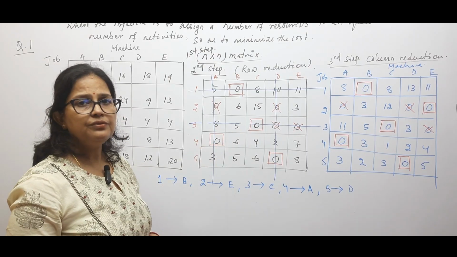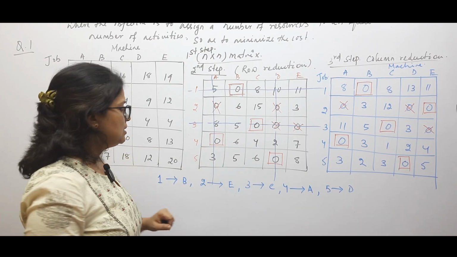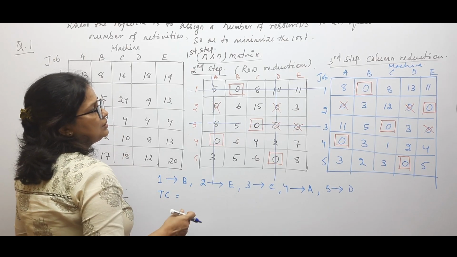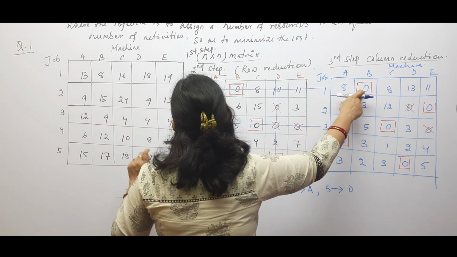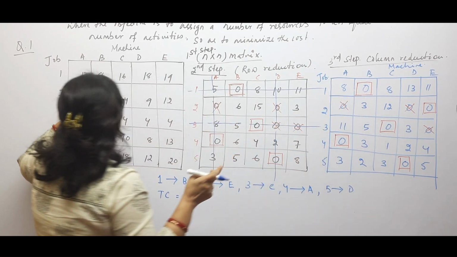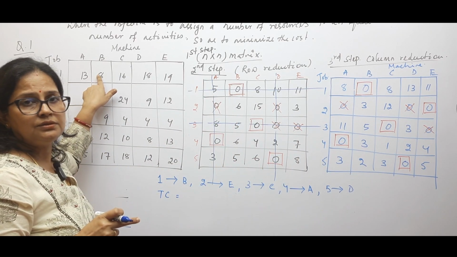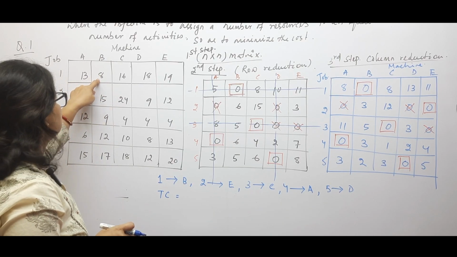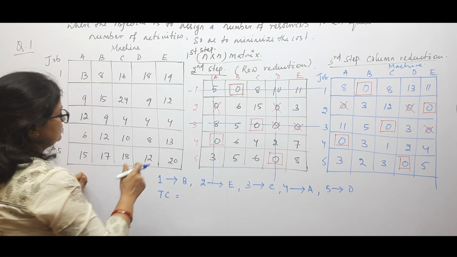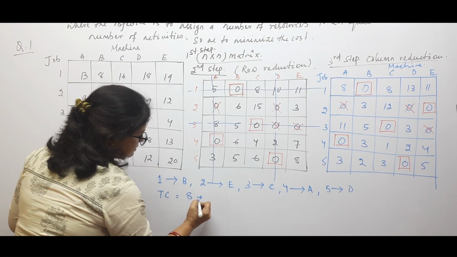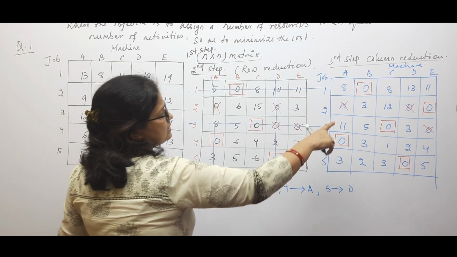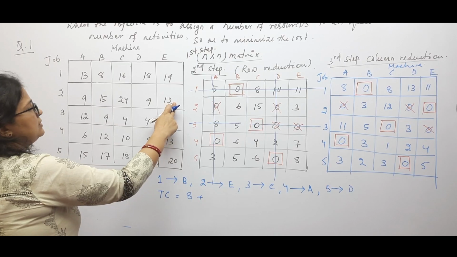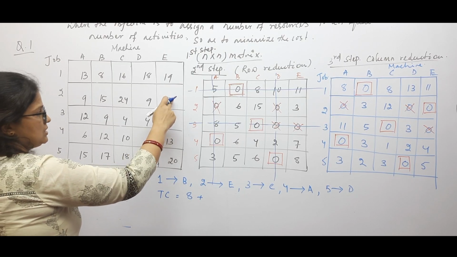So how are we going to calculate the cost? The total cost equals, see here one assignment is there. We need to go to our first table. Here the cost is 8. So we write 8 plus, second job is assigned to machine E, and here the cost is 12.